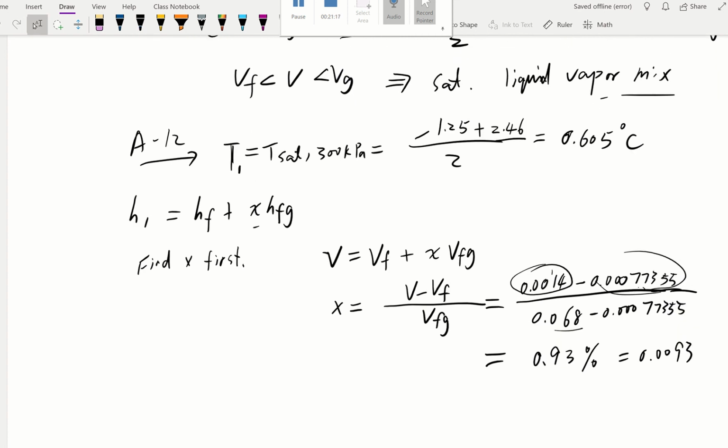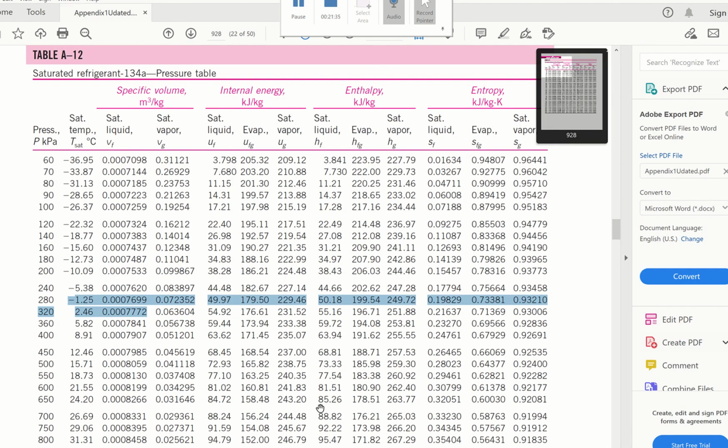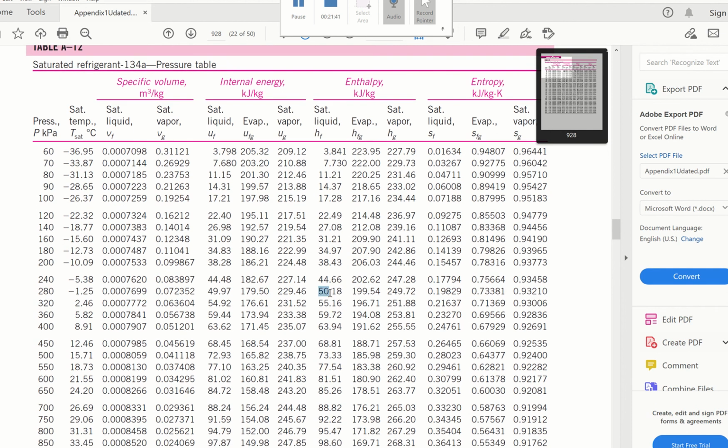And now we can go back to this equation right here to find our h1. h1 is hf plus x hfg. And our hf, again, we don't have that 300 kilopascal, so we're going to go back to the table to find the average between 280 and 320. hf is going to be those two values, 50.18 and 55.16.